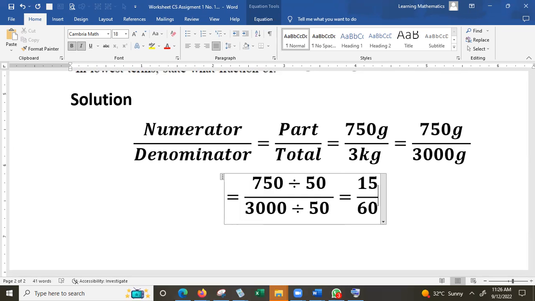So this means 50 is not the highest common factor between 750 and 3,000, because 15 over 60 can still be simplified. 50 appears to be a common factor, but not the highest, because if it was the highest, then the resultant fraction should not be able to simplify further.